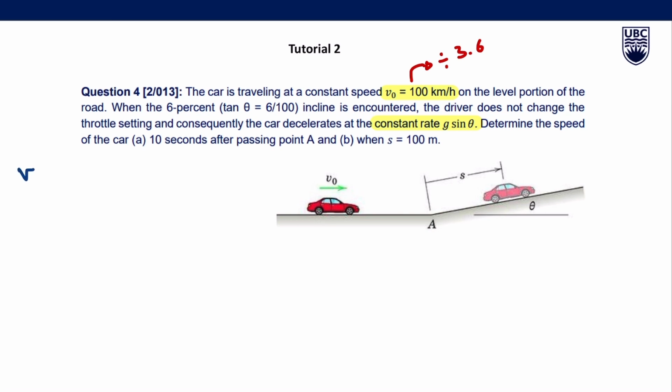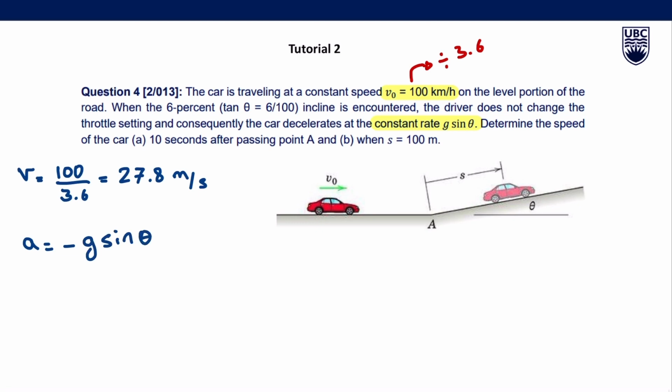So velocity is 100 divided by 3.6, and it is 27.8 meters per second, right? And the incline causes the car to decelerate at a rate of g sine theta, which we need to calculate. So acceleration is minus g sine theta.